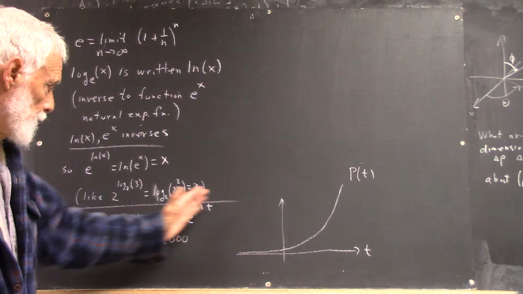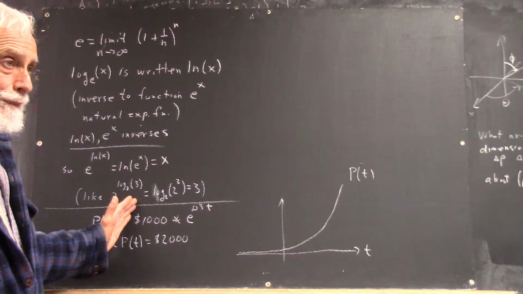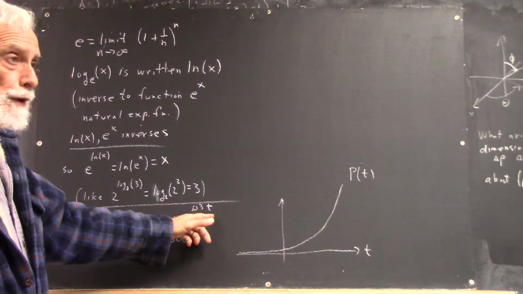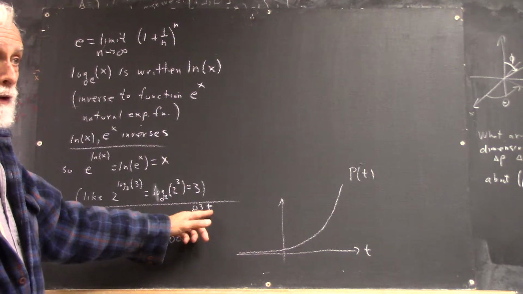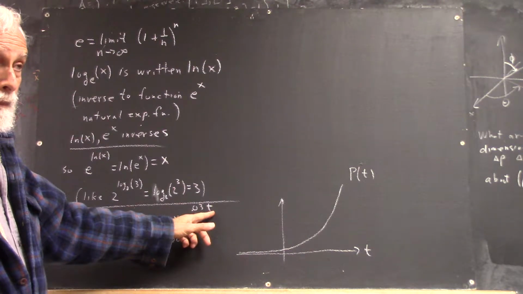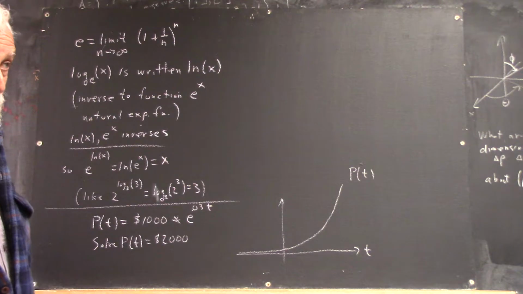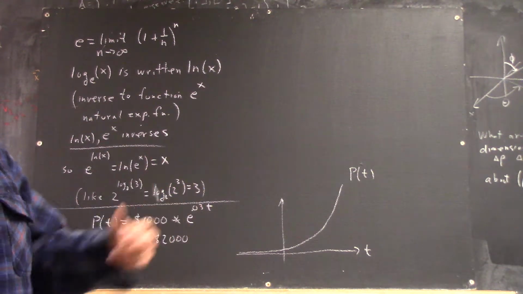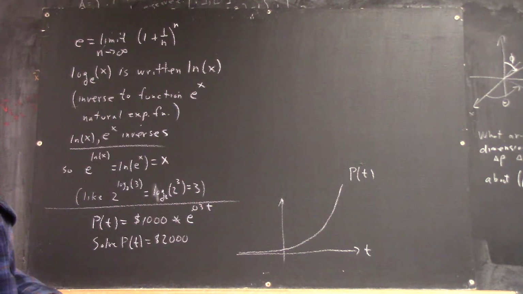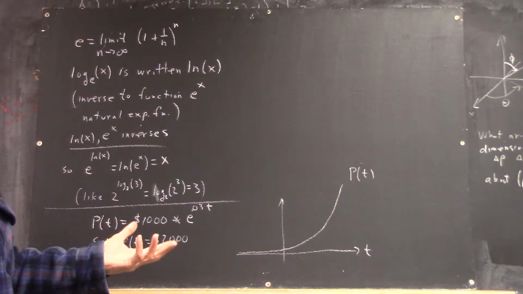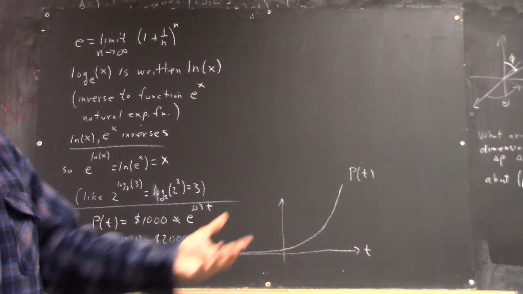Where do you see a t in this expression? We've got 0.03 times t. If t is 0, it would give you 1,000 times e to the 0, right? What's 1,000 times e to the 0? It's 1,000, because any number to the 0 is 1, right?